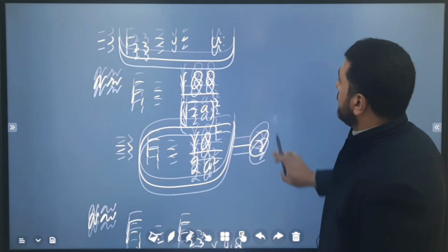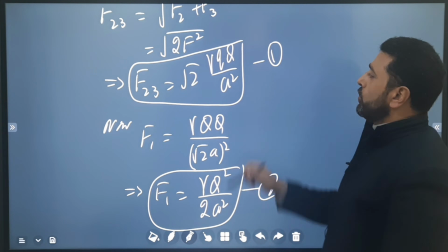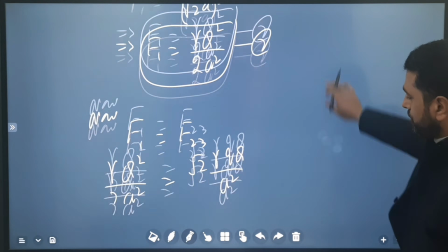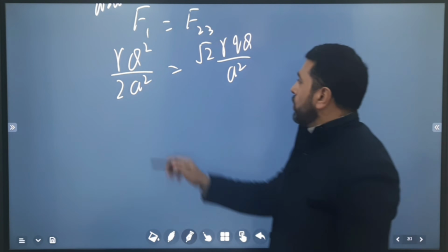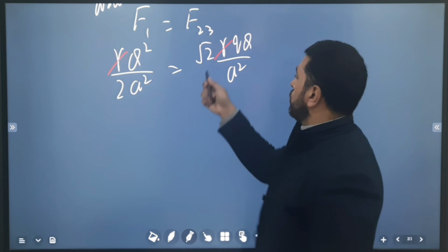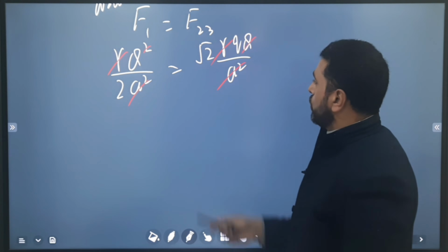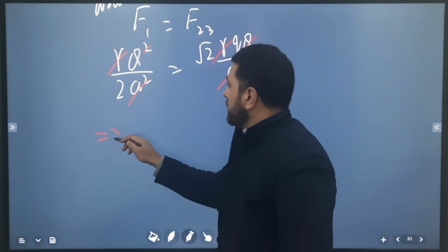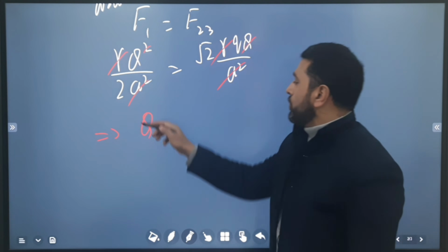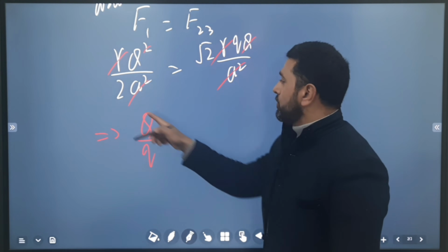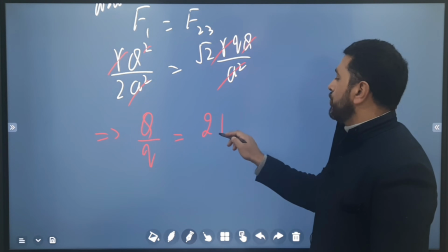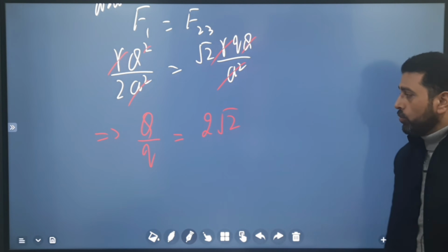So gamma and gamma go, a square and a square go, one of the capital Q goes. So this implies capital Q, taking the small q downstairs, divided by small q is equal to 2 root 2.